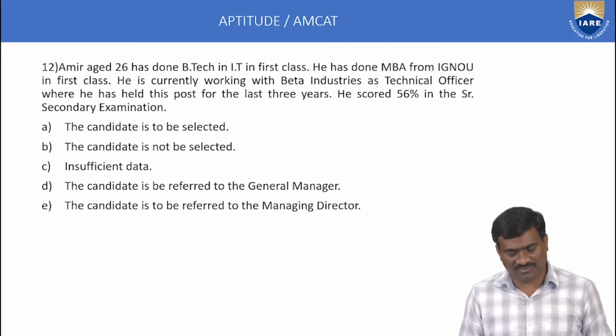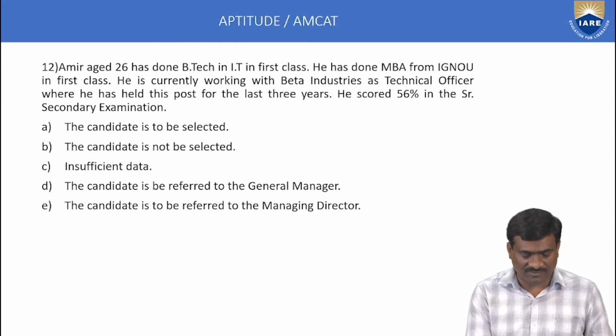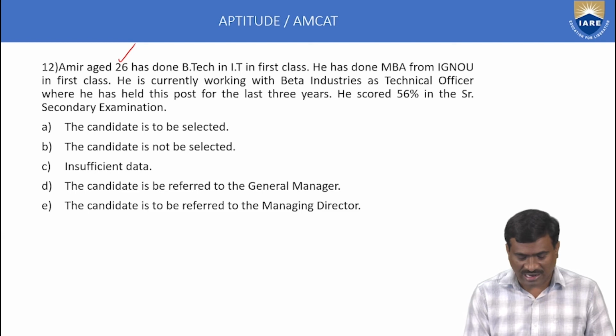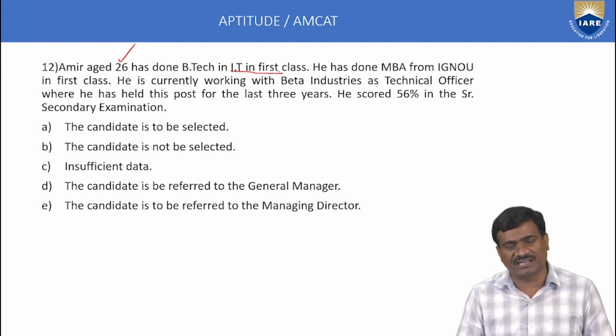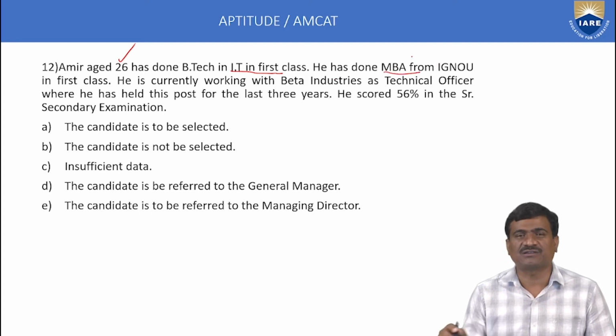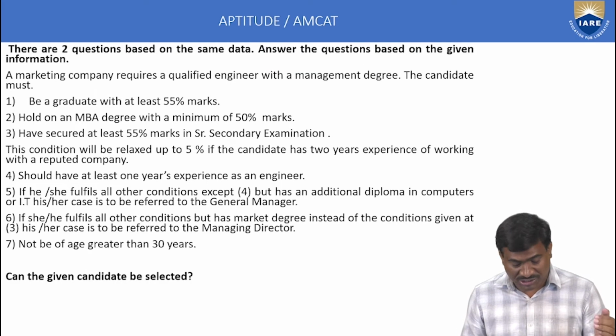Amir, aged 26, age satisfied, less than or equal to 30. He has done BTech in IT in first class, graduate 55 percentage satisfied. He has done MBA from IGNOU in first class, postgraduate MBA first class also satisfied. But the minimum experience condition is also important.